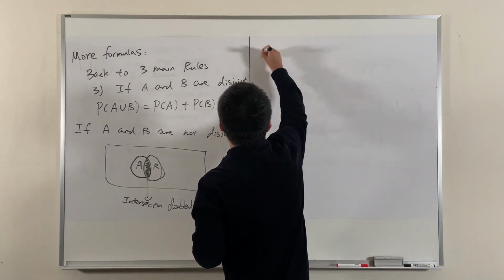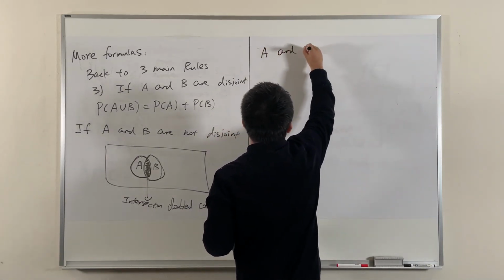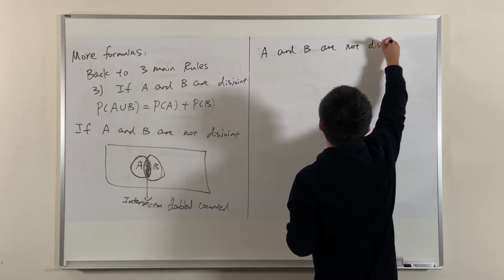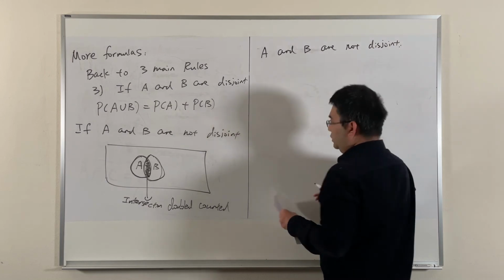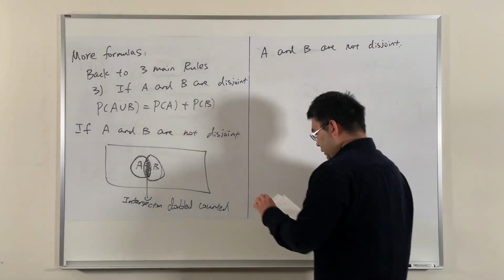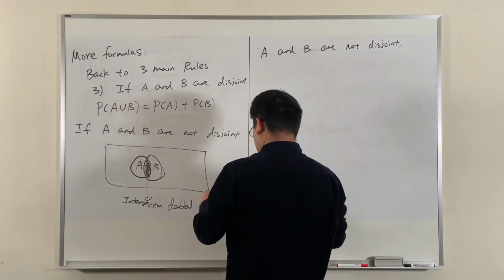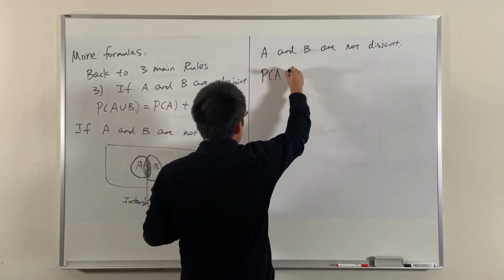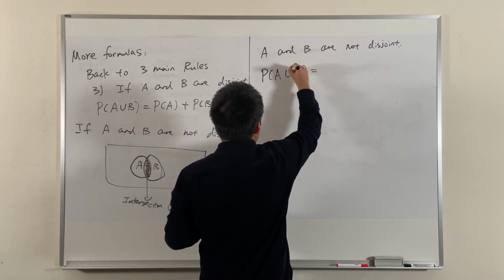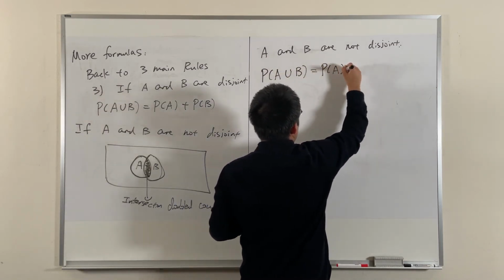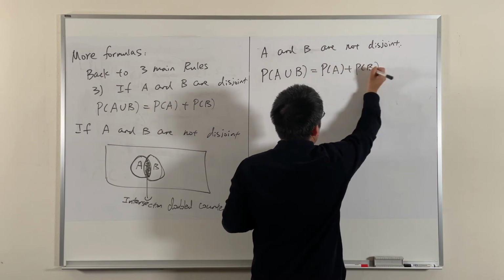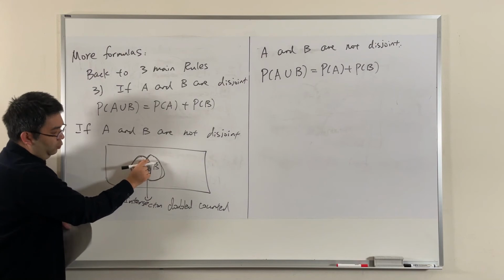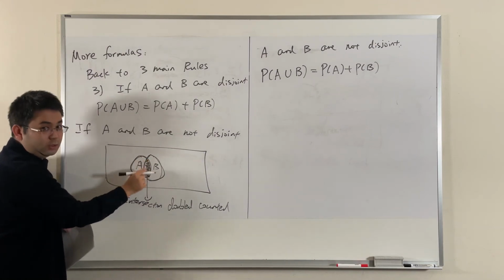Okay, so we're saying that A and B are not disjoint, right? So if they're not disjoint, then the formula you have here, probability of A union B equals probability of A plus probability of B. But instead of stopping here, you're going to subtract out one piece of the intersection here.